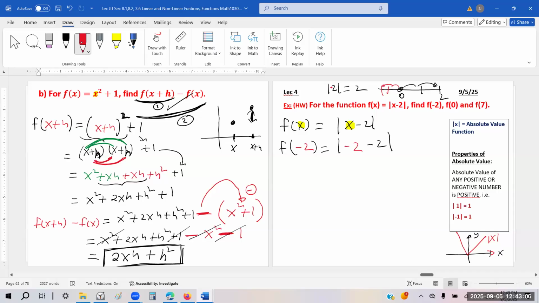And then simplify. So what is negative 2 minus 2? Negative 4. So inside is negative 4. If you pull out absolute value, it becomes positive 4. Basically, it means how much is the distance from 0 to negative 4. So you tell them the distance is 4 units.